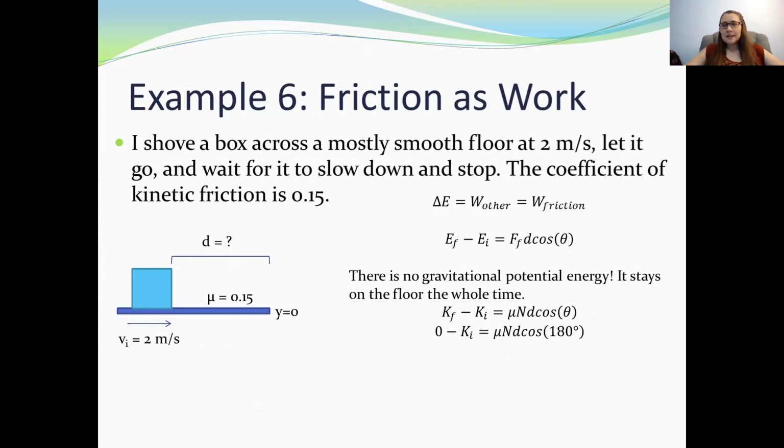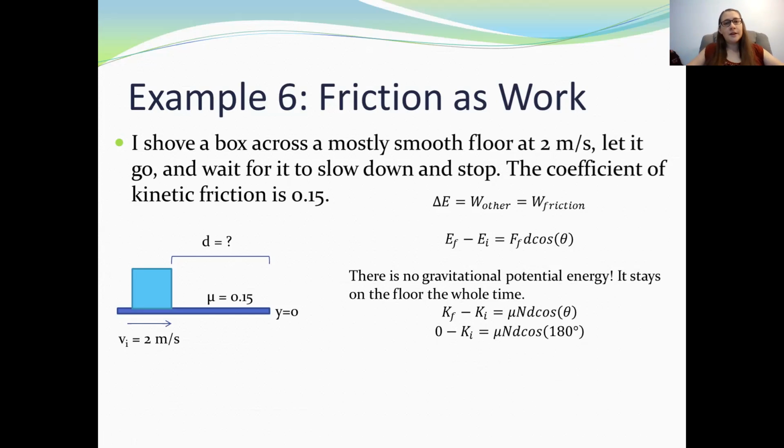So our final kinetic energy is 0 because we're waiting for it to slow down and stop. So remember, once it's stopped, it's no longer moving. So its speed is 0, so its kinetic energy is 0. And since friction acts to oppose motion, that means the force of friction is pointed back to the left and its displacement is to the right.